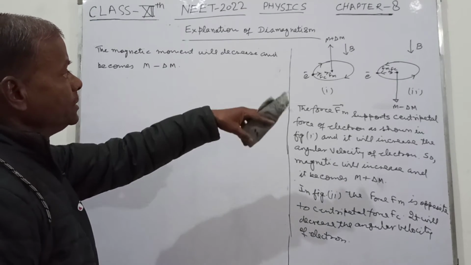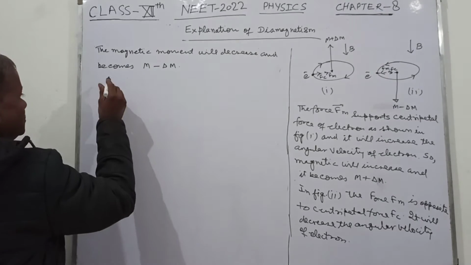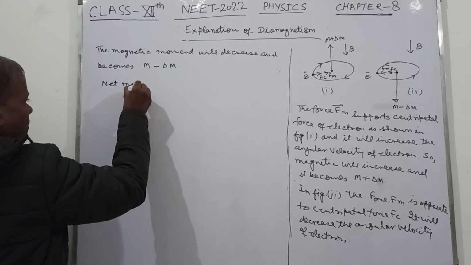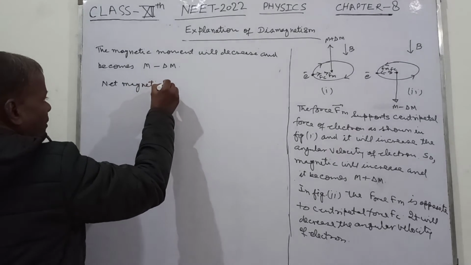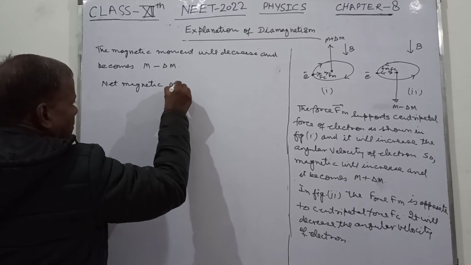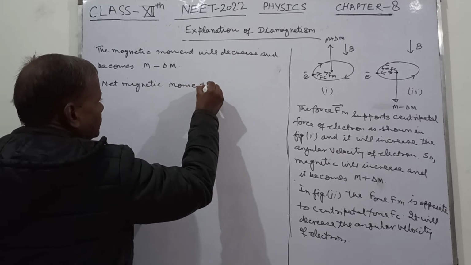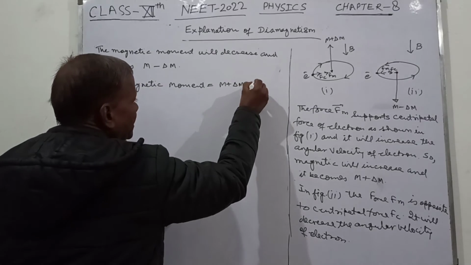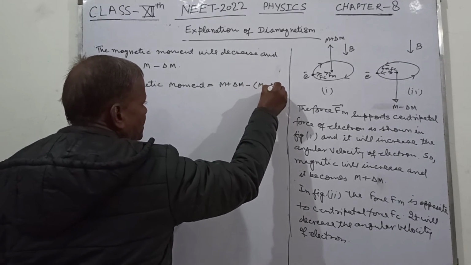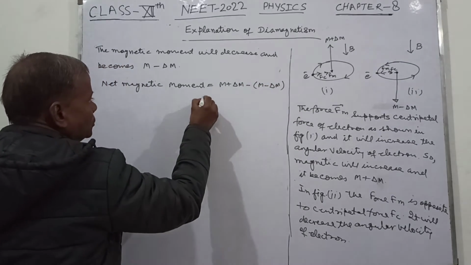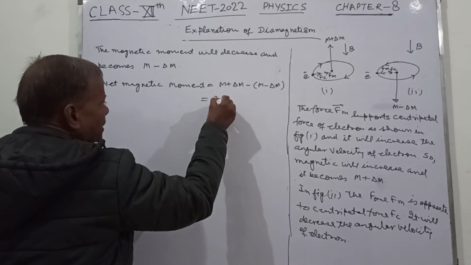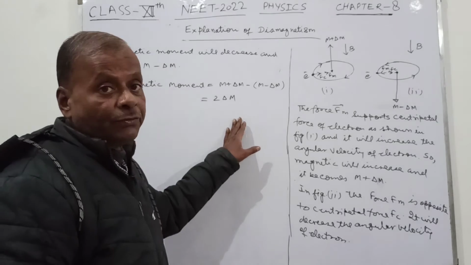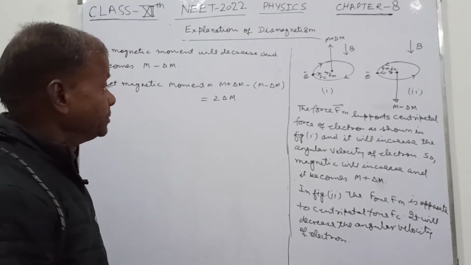So what is the net increase in the magnetic moment? The net magnetic moment is equal to m plus delta m minus delta m. So this is now equal to 2 delta m. This is the induced magnetic moment.